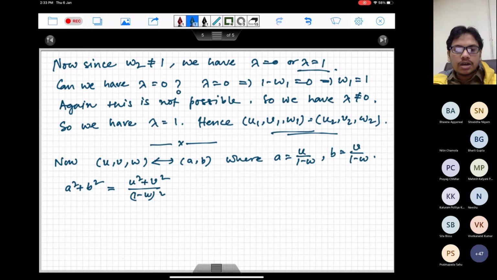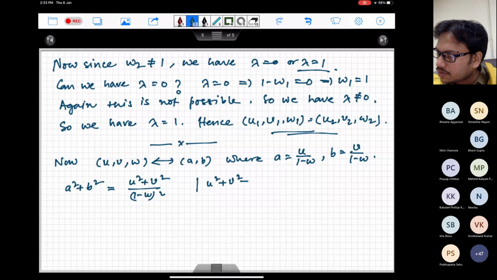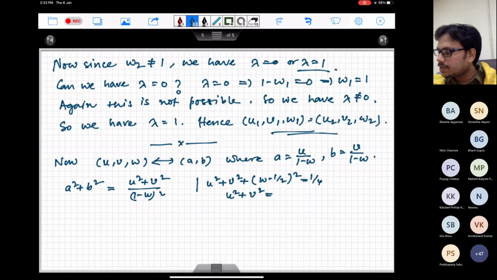Fine. Now, what is u square plus v square from the equation of the sphere? The equation of the sphere was u square plus v square plus (w minus half) square equal to 1 over 4. So u square plus v square is equal to w minus w square, so w into (1 minus w).